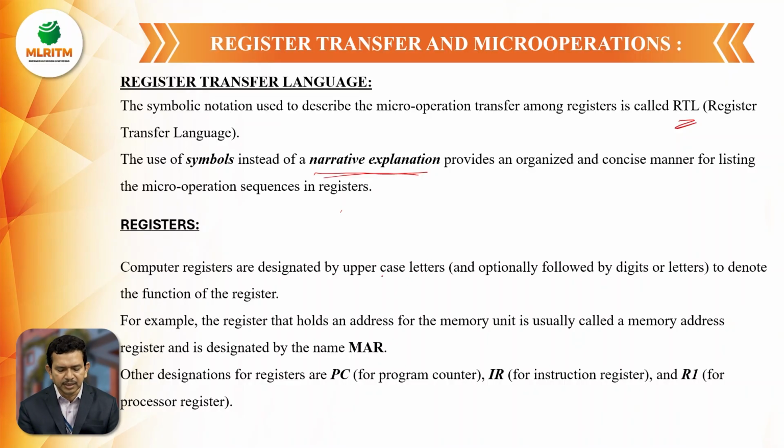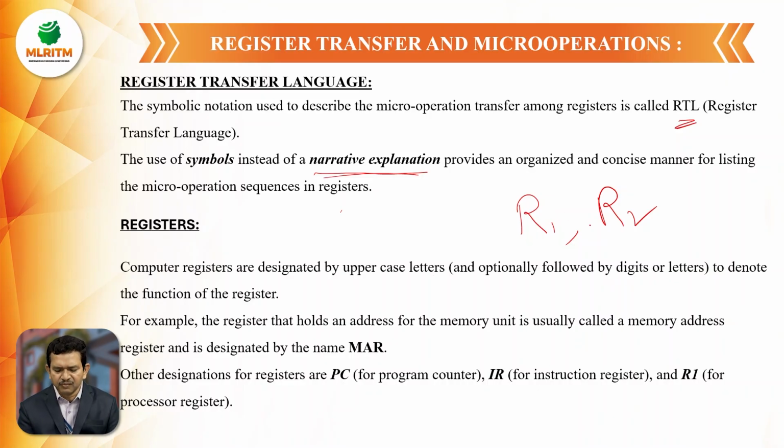Computer registers are designated by uppercase letters. I can write a register as R1. Again, if I want another register, R2. In this way, we represent the registers by capital letters, or uppercase letters, followed by digits or letters.